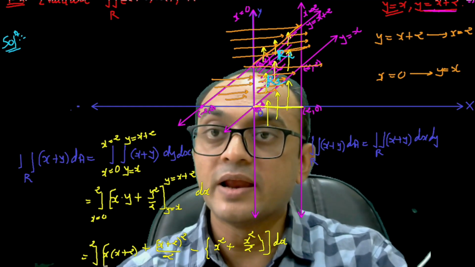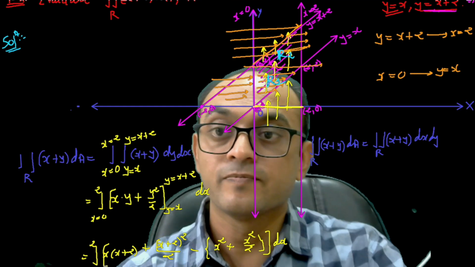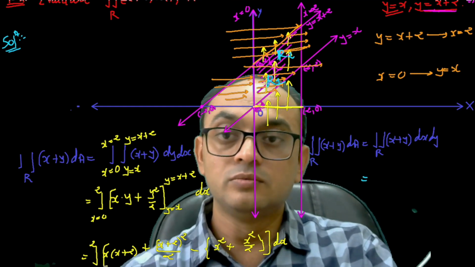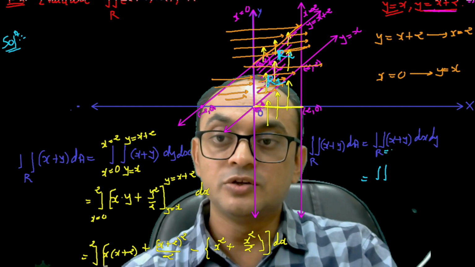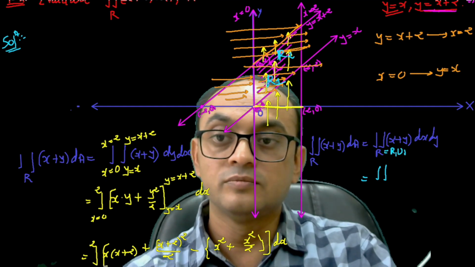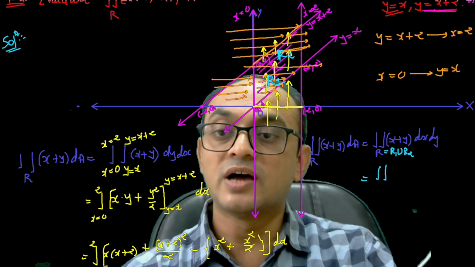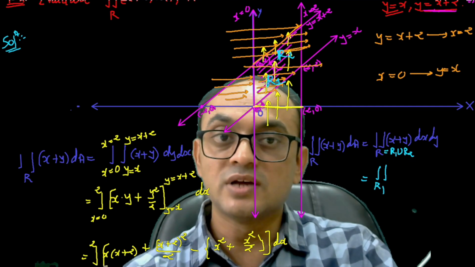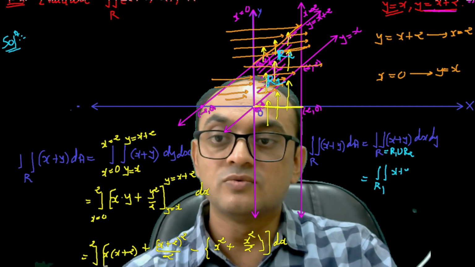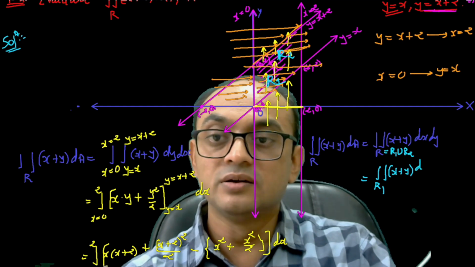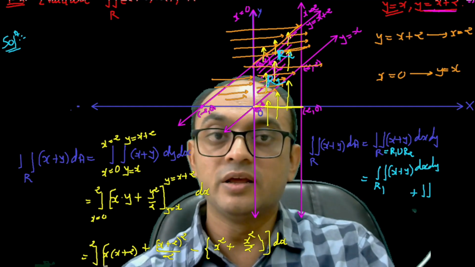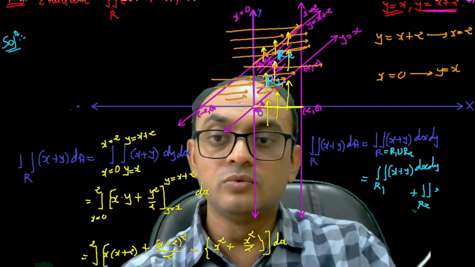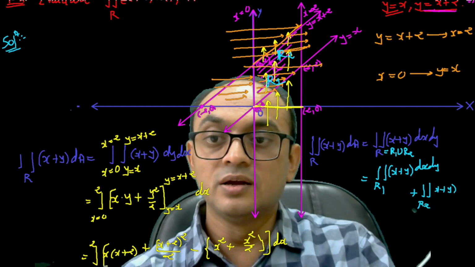So now how am I writing this? This is equal to double integration. My region is the union of two subregions R1 and R2. So this is the double integral over R1 of x plus y dx dy, plus double integral over R2 of x plus y dx dy.